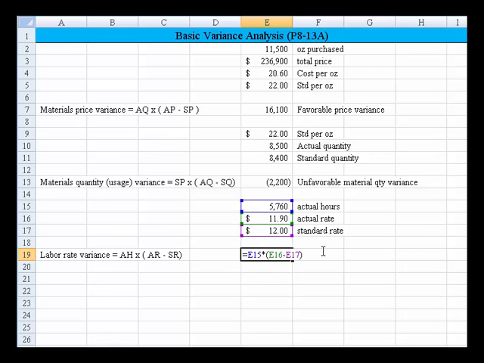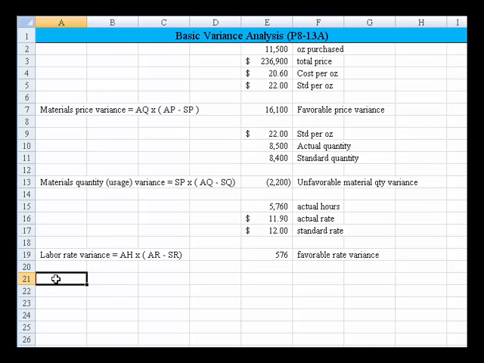But again, this uses the formula as if the actual rate was more, so that the bracket would be a favorable. And I prefer it to work the other way. So 576 is the favorable rate variance.